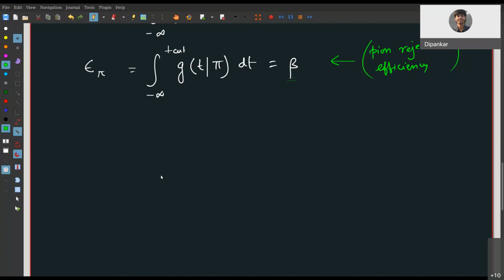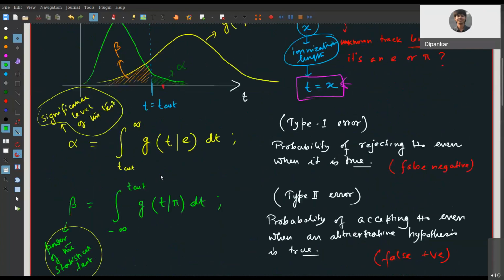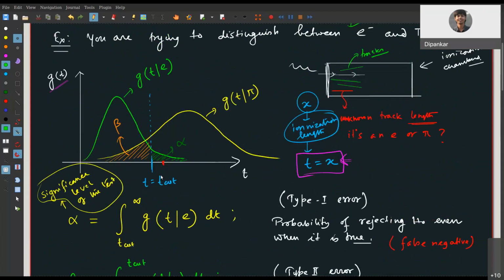Then not only the distribution of these ionization lengths is important, but you also need to include the probability that an electron will hit this chamber. So if it is much more likely that an electron will hit this chamber than a pion, then these pion events will be extremely rare.